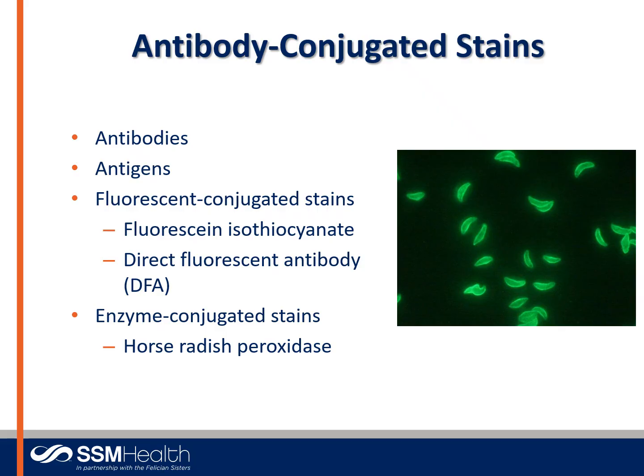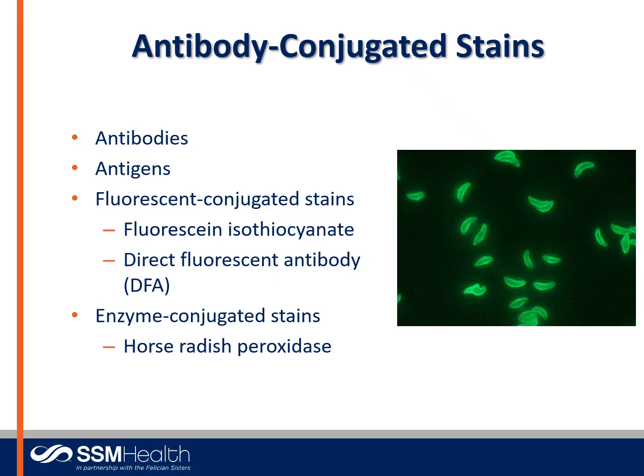So there are also antibody conjugated stains. These are less frequently seen in a routine microbiology lab. But you can detect antigens of a corresponding organism by binding specific antibodies to the stain. Immunofluorescence uses an antibody conjugated to a fluorescent dye, so you can use it for direct examination of patient specimens.